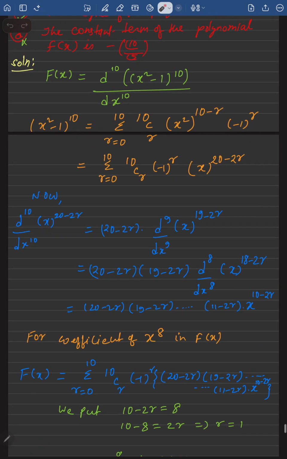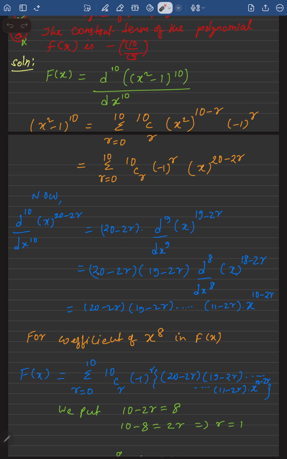Also, differentiating only this term, the 10th derivative of x power 20 minus 2r. Why 20 minus 2r? This is 2 into (10 minus r), as x square was there. First time you get 20 minus 2r, and next time the 9th derivative of x power 19 minus 2r. You know that the derivative of x power n is n into x power n minus 1.